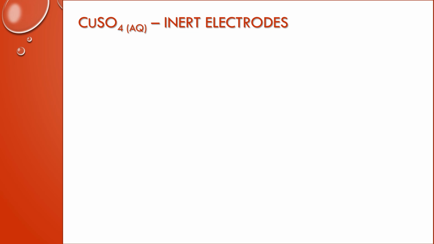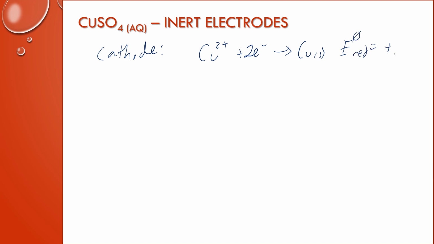Now let's talk about an aqueous solution of copper 2 sulfate with inert electrodes. So at the cathode, we have those copper ions that are gaining electrons to form solid copper. The reduction potential for that is positive 0.34.